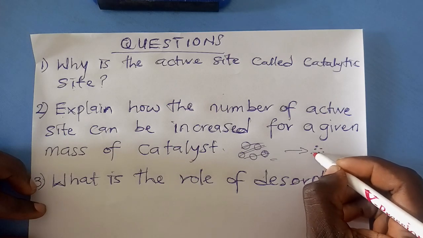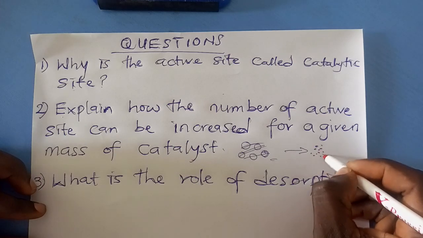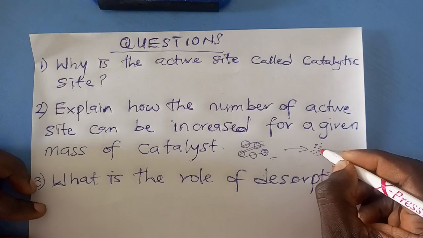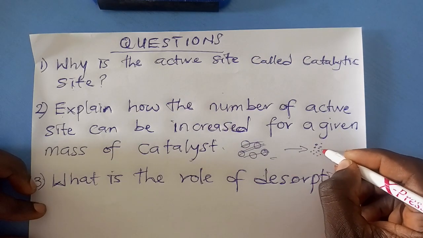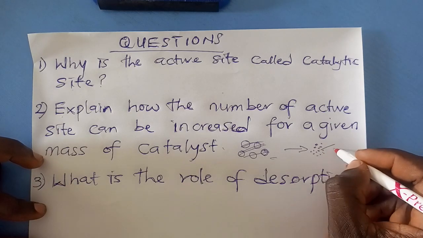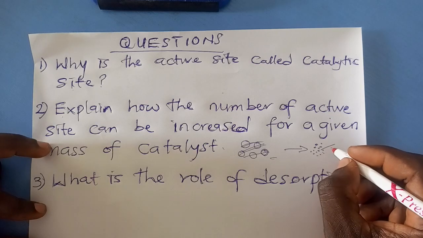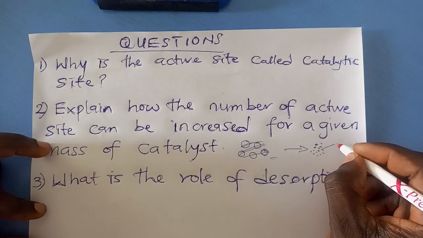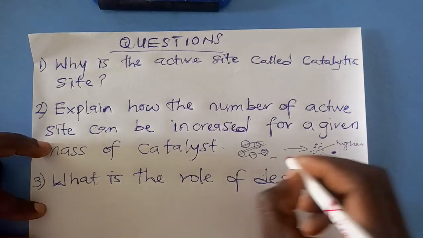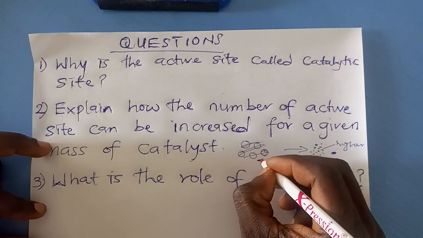From here now, the smaller the particles, the higher the surface area. The smaller the particle size, the higher the surface area. So you can say there is a higher surface area here than here. I hope you understand.